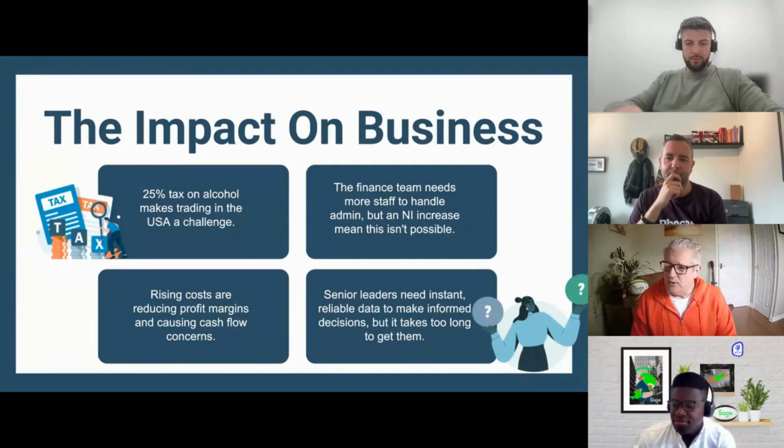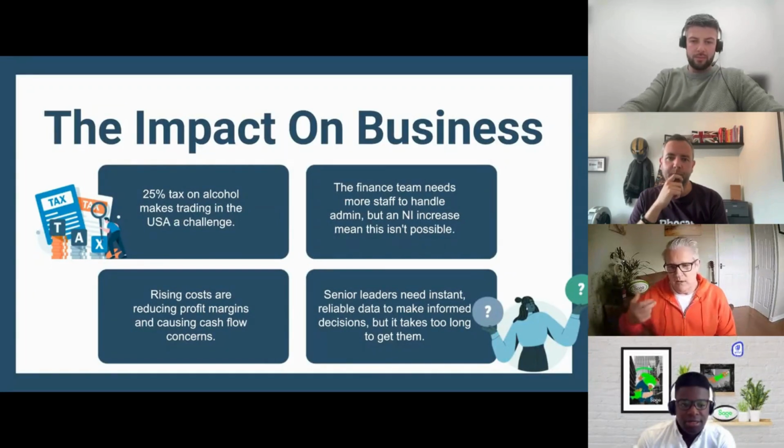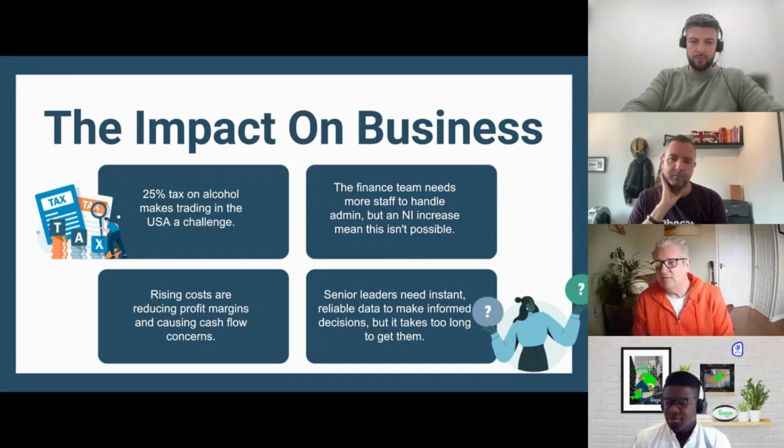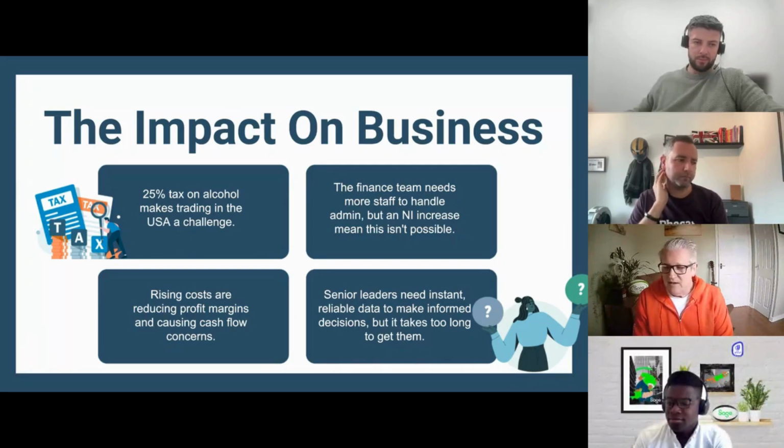This is creating a burden on the finance team, with more admin, and now the national insurance increases mean that's not possible. And now, for all of this uncertainty and different changes with national insurance, tax rates, etc., the management team really need to get their hands on the data about what's happening in their organization. It's really, really important right now.